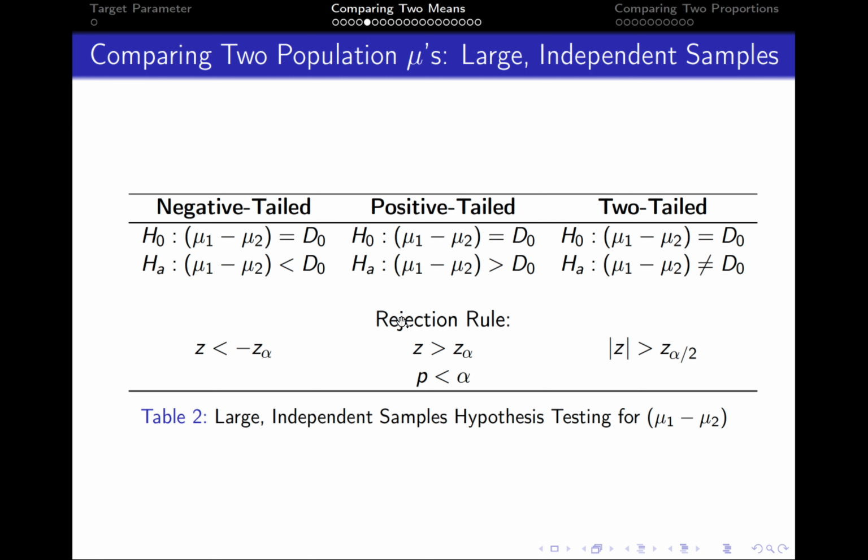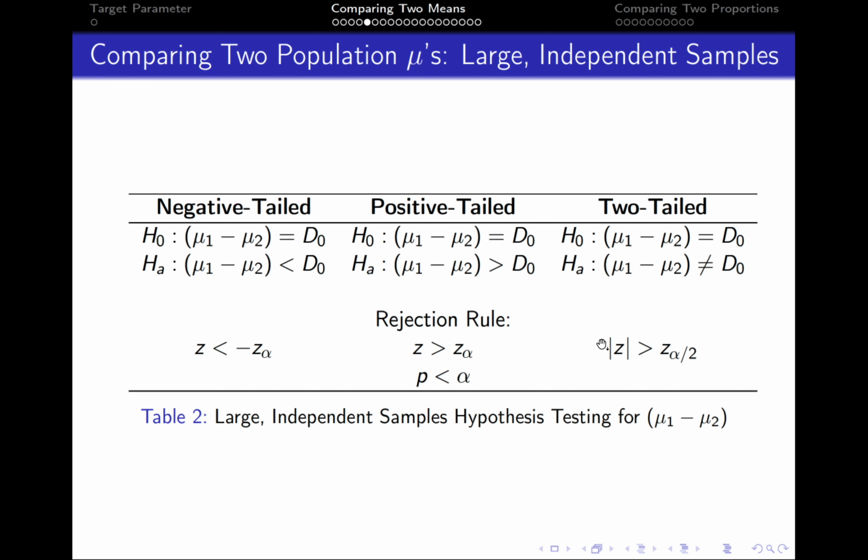And the rejection rule is the same as in case of one sample. So for the negative tail test, we reject the null when the estimated z-score is below the critical value, the negative z-score at level alpha. As for the positive tail test, we reject the null when the estimated z-score is above the critical z-score at level alpha.